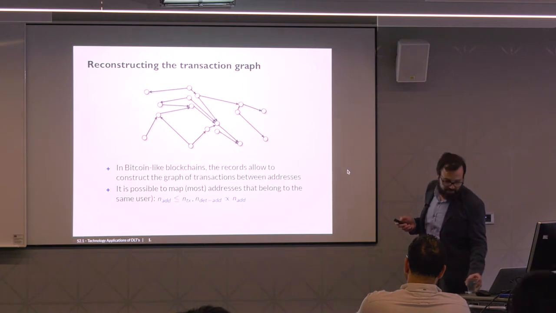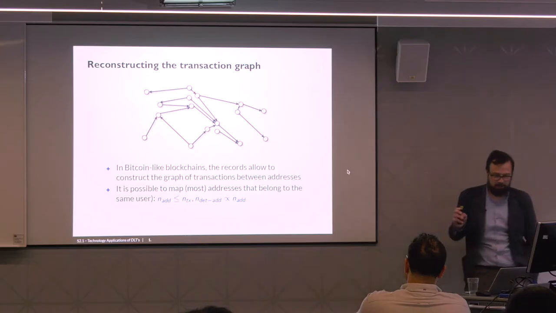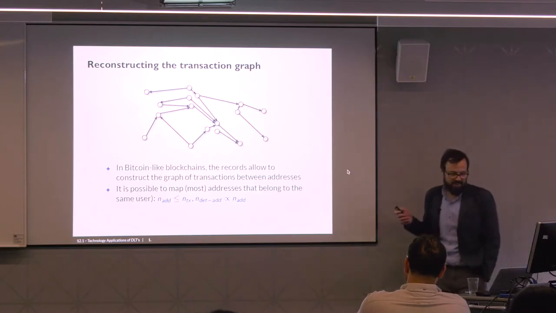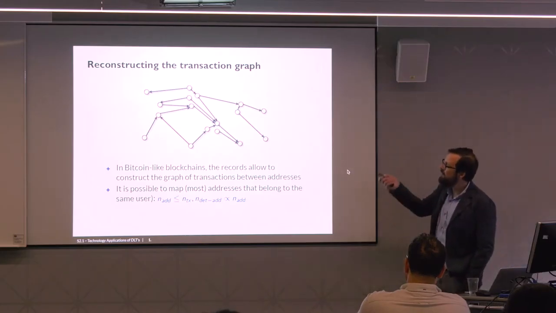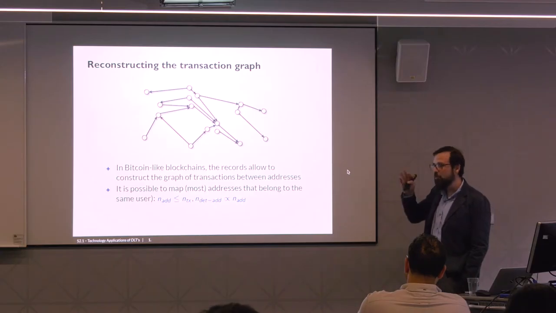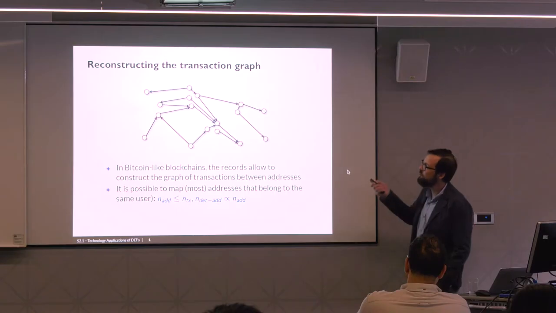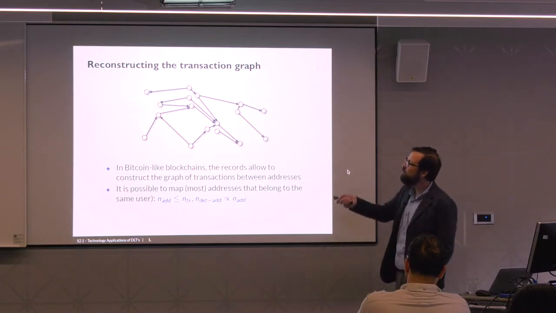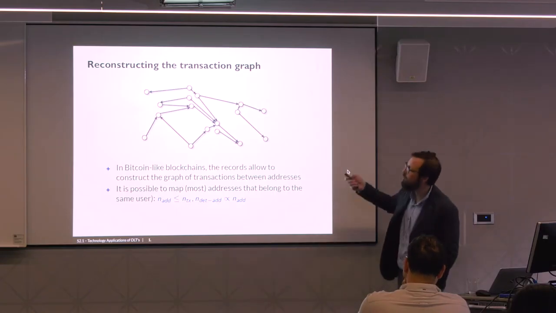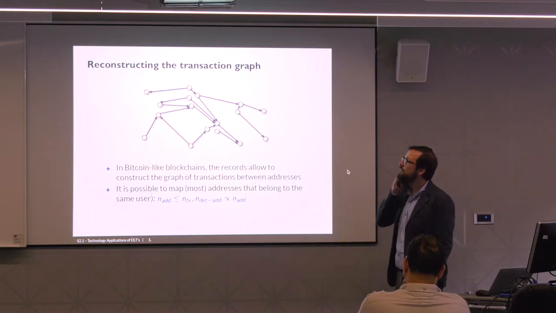So, let me divert a little bit on one thing. Let us sum up the two ways of thinking about what happens in general in all the cryptocurrencies with respect to the transactions. This network shows the transactions between different addresses. These are two addresses, this is a transaction between them.